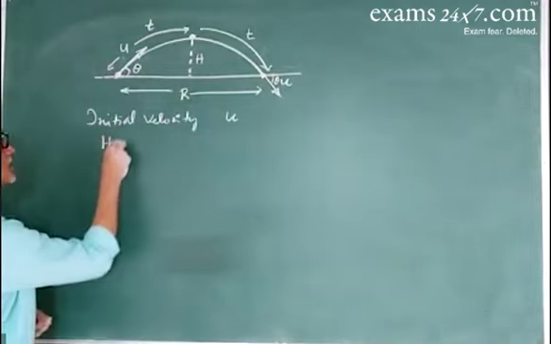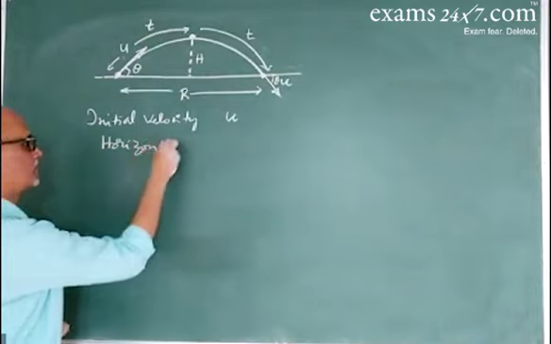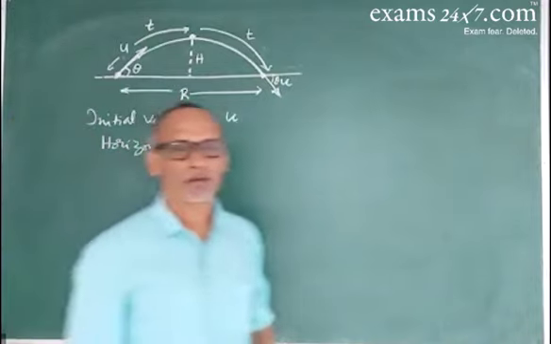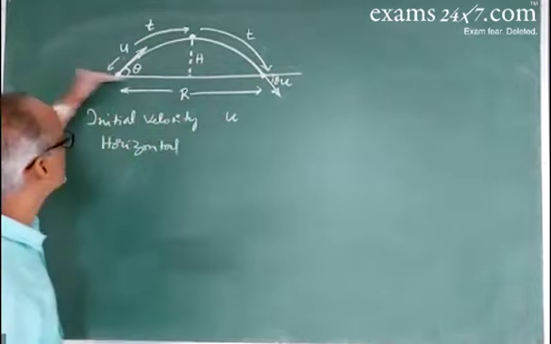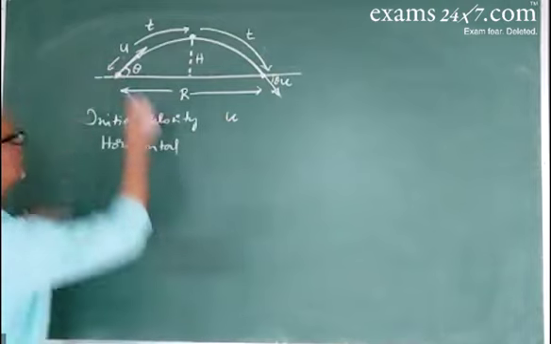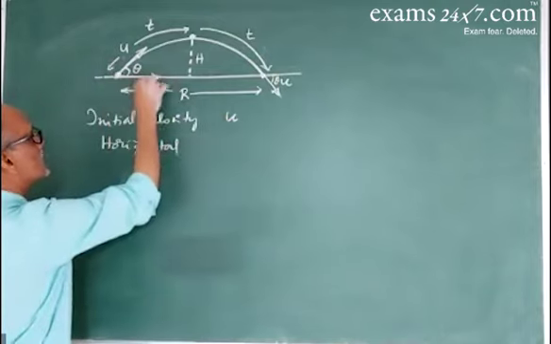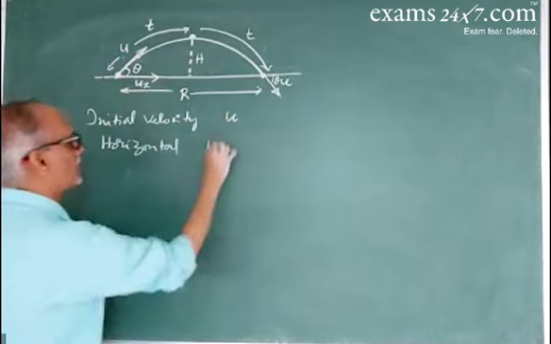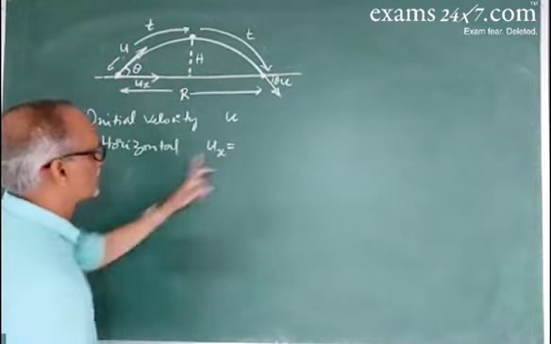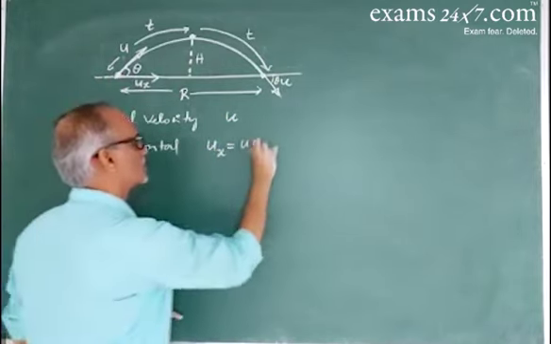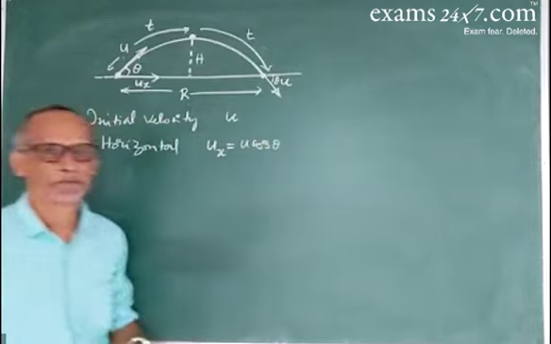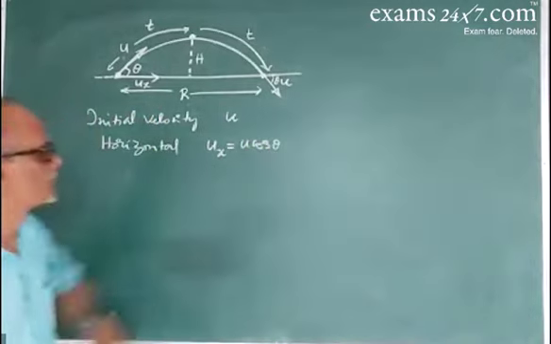Now along the horizontal, what is the initial velocity? I can write it as ux, and the value of ux is the horizontal component, which is u cos theta. That is the horizontal component.